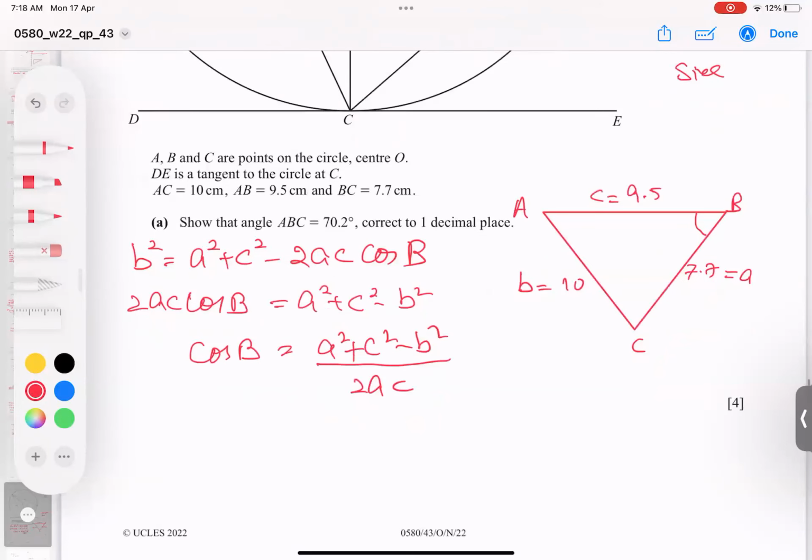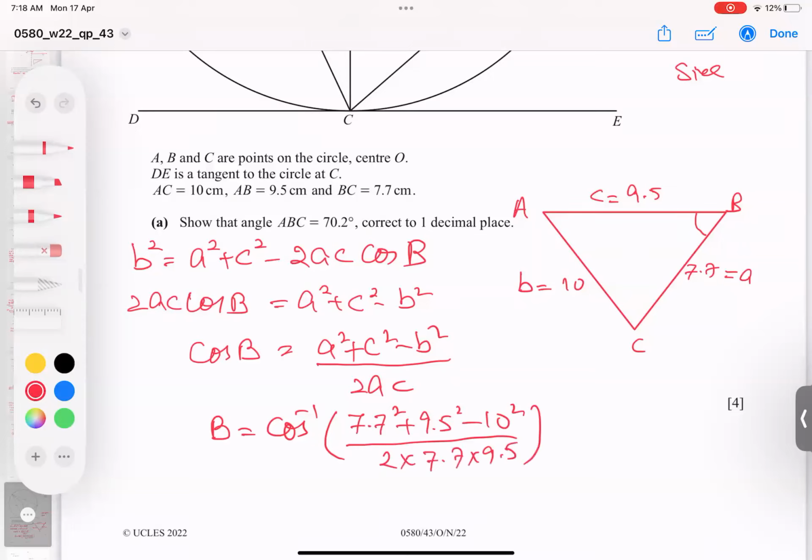If you memorize it, cos goes there, and A value is 7.7. I plug in the values: 9.5 square minus 10 square divided by 2 times 2, 7.7 into 9.5. Simply type it in the calculator.